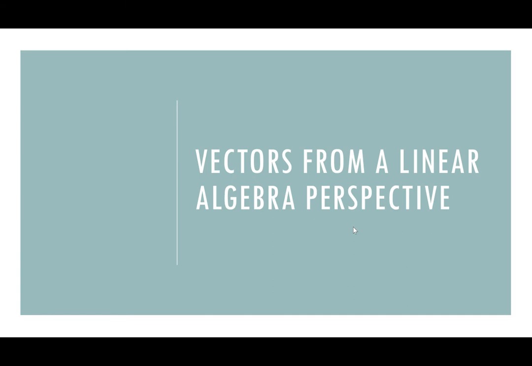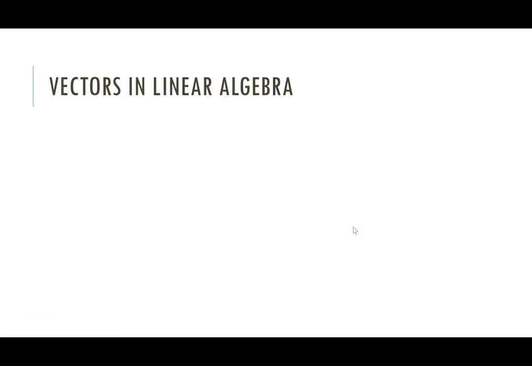But all right, the part I was looking forward to in this lecture: vectors from a linear algebra perspective. So let's first take a little trip down memory lane and remember back in Calc 3, in vector calc, how are vectors defined? Well, you go back to the Stewart book, which we use at our school.